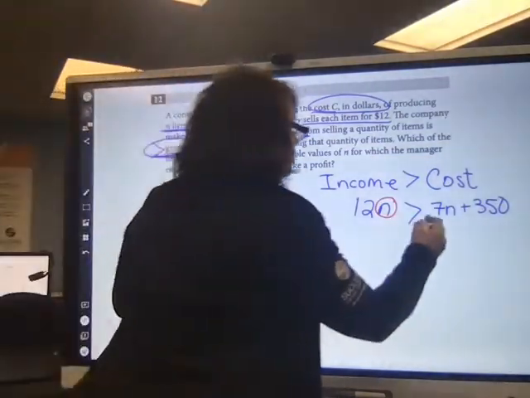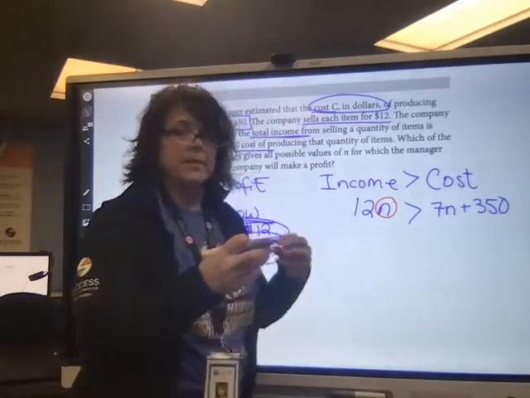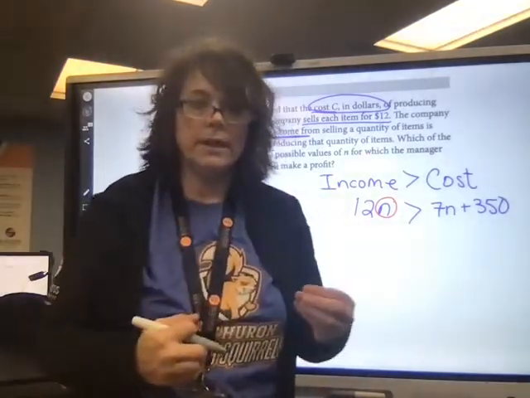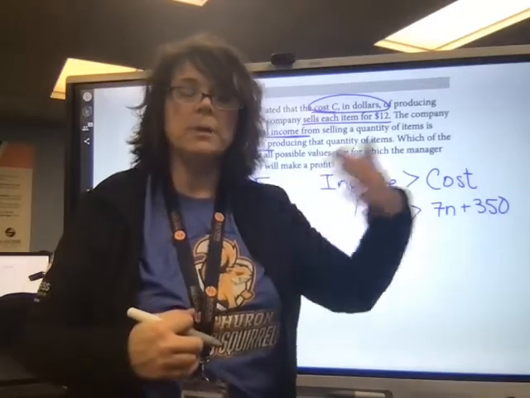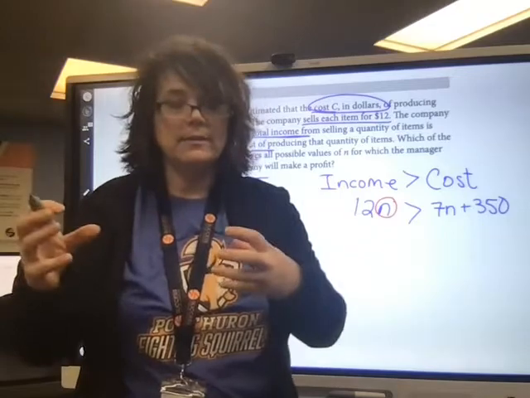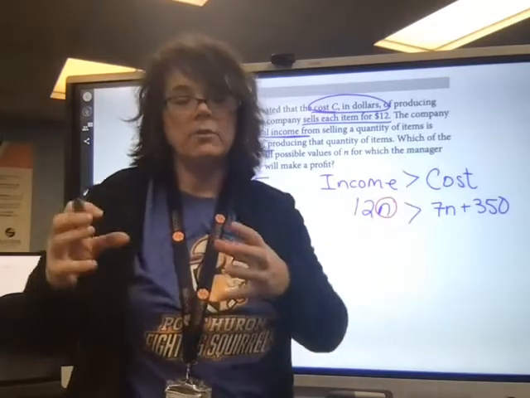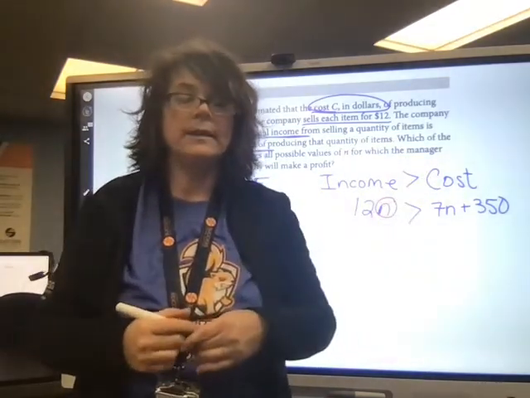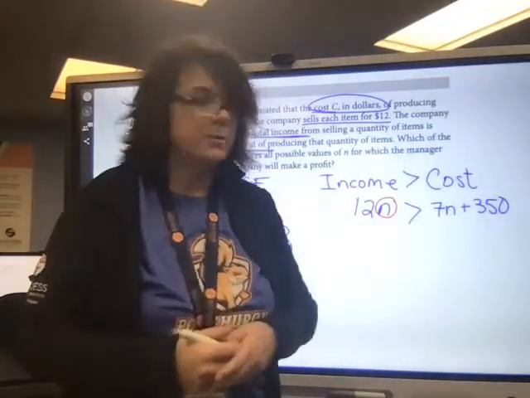All right. So remember, to keep the value the same of an inequality or an equation, what we do to one side, we must do to the other side. And to move items to the other side of the equal sign or the inequality sign, we must do the opposite math operation.